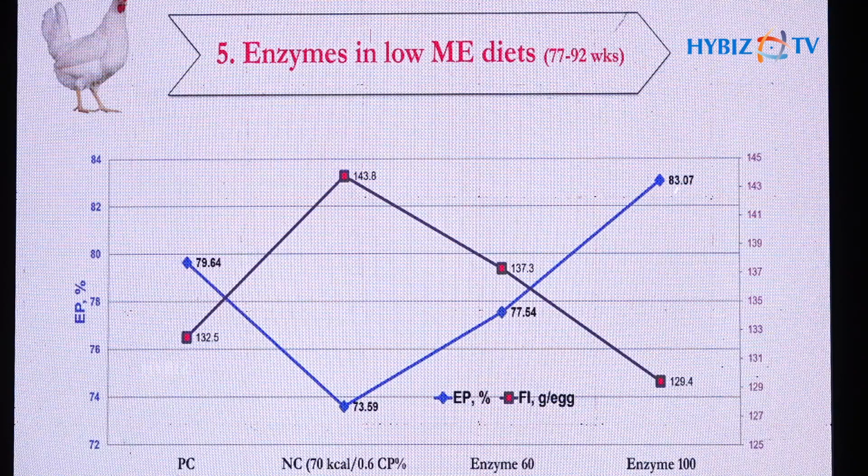If you use the maximum level as per the requirement, you will get the best production compared to the compromised dose. So what I mean to say is you need to go for exactly the prescribed dose as per the company standards. If somebody suggests a suboptimal dose, I think we may not get the optimum response as they claim on the brochure.